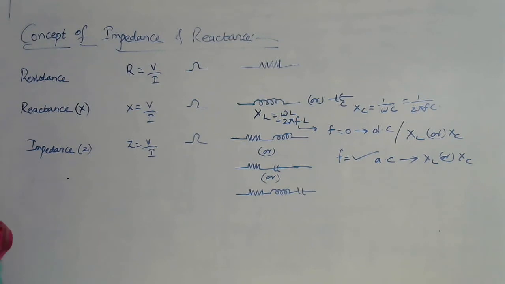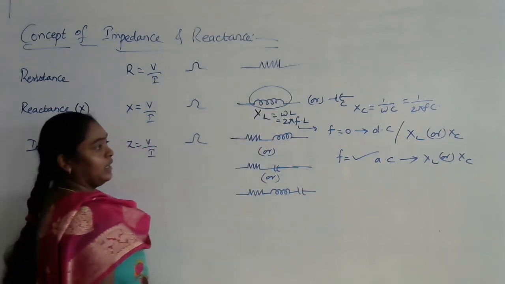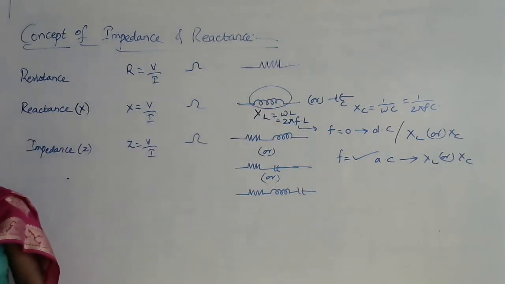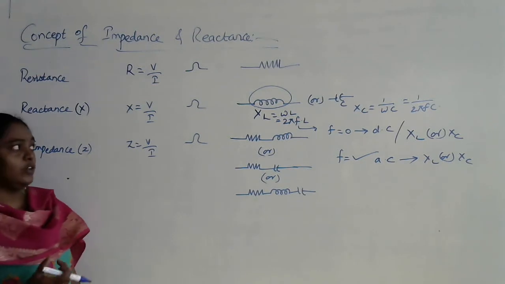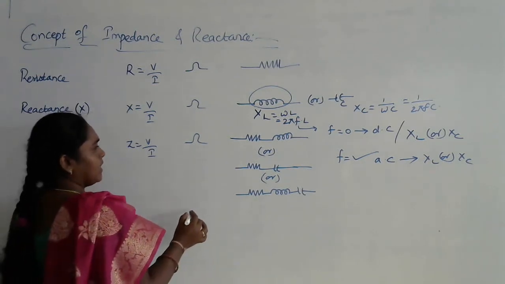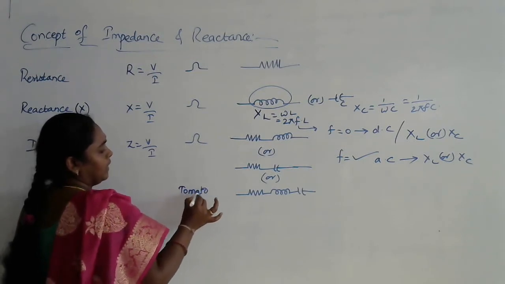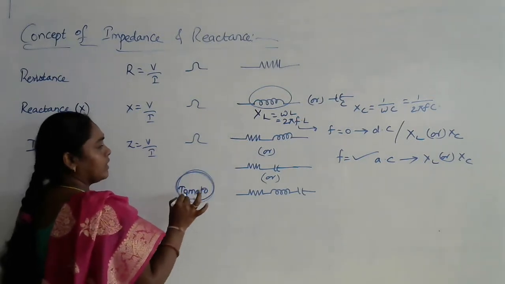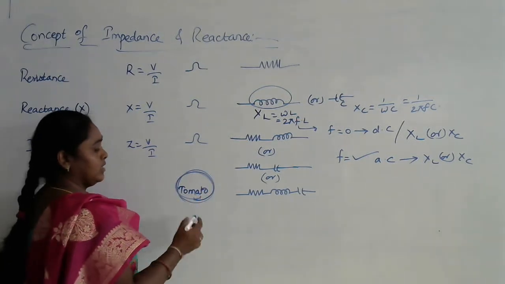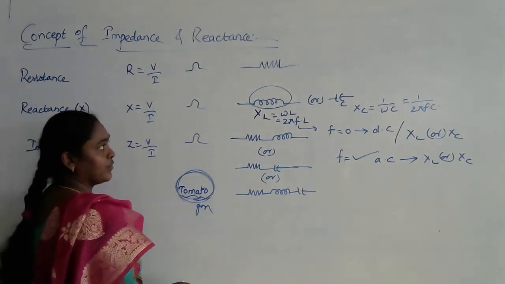Coming to the difference between an inductor and an inductance. This is nothing but called an inductor, and the amount of value that is present is the inductance. If you take the example of a tomato, we say that it is a tomato, but how much amount, that is the mass of the tomato, we mention in terms of grams.